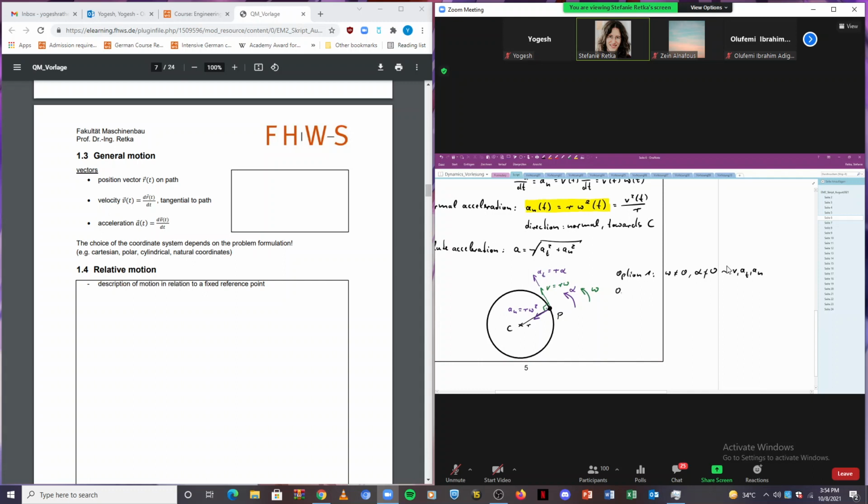Option 2. Omega is constant. Oops, sorry, German. Constant. In consequence, alpha is 0. Time derivative of a constant value is 0.